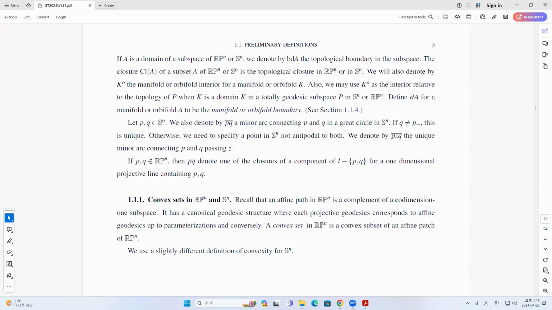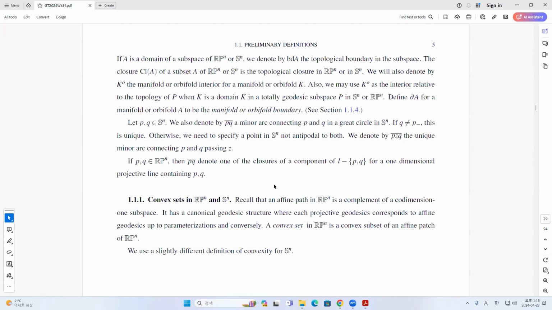So we can use something like pgq, the unique minor arc connecting p and q and passing g. And if you have p and q in RP^n, then we denote by pq one of the closures of a component of the line minus {p,q} for a one-dimensional projective line containing p and q. So this could be ambiguous.